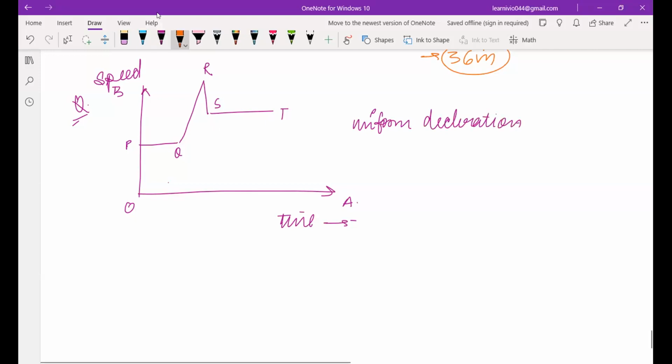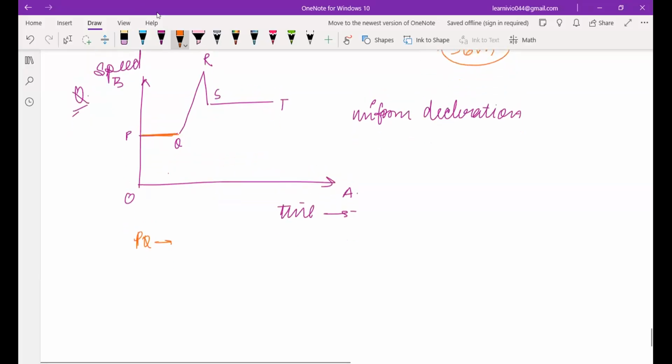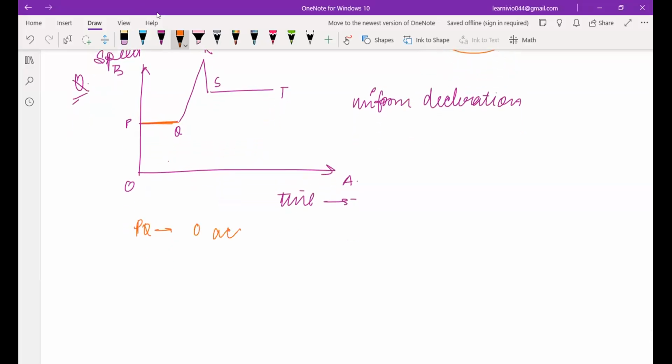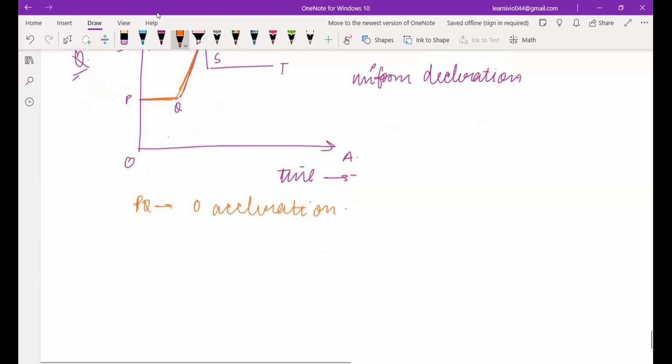Now see, Atheeb, you have a speed time graph. So tell me, what is PQ representing? What kind of motion? What kind of acceleration? Ma'am, zero acceleration. Then what does QR have? Ma'am, uniform acceleration, positive.